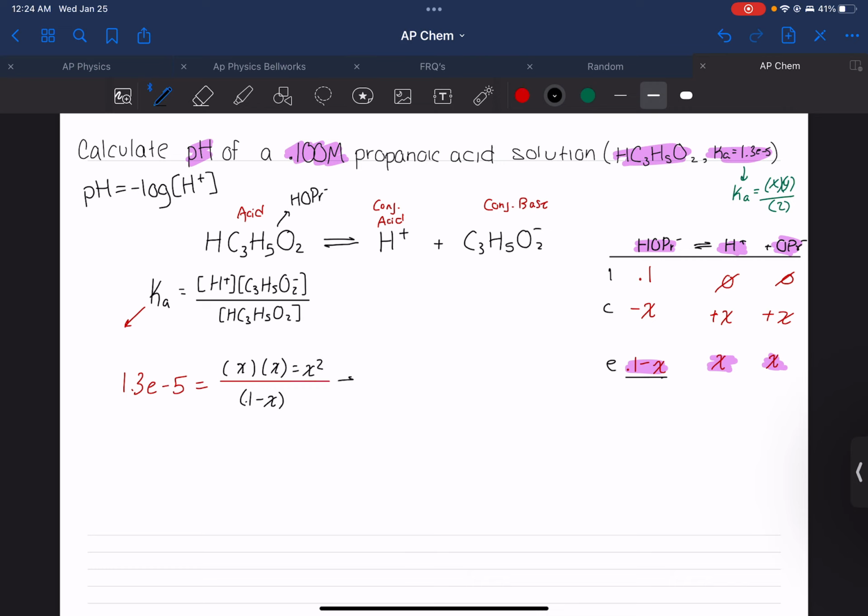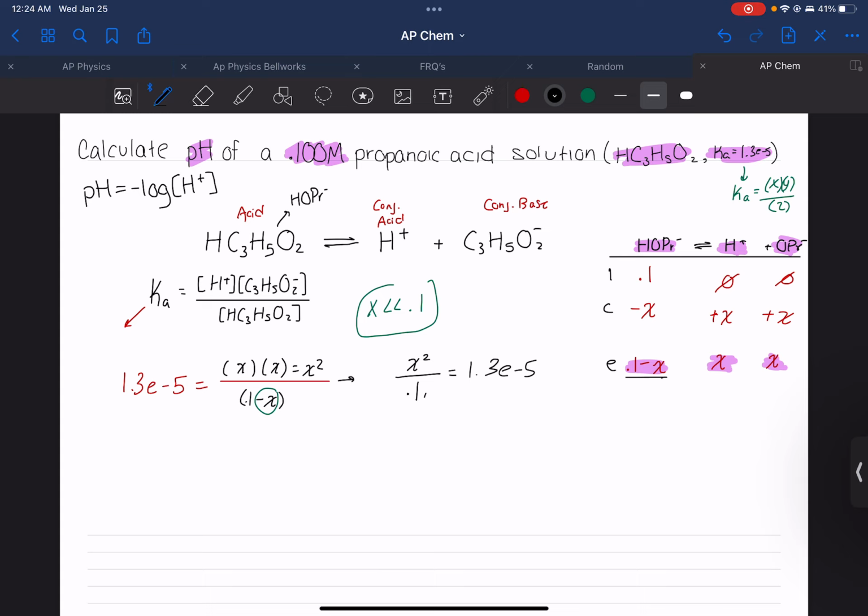Based off the 5% rule, I can neglect the change in X and say that X is much less than 0.1, so whatever X is, it won't have an effect on my value. So I can just say now that X squared over 0.1 equals 1.3 E negative 5, and now I solve for X.